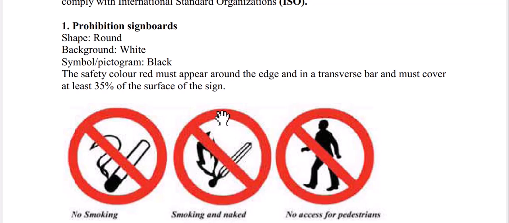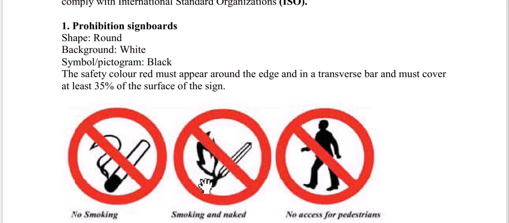And normally the restriction or prohibition signs have this line across the round, which says prohibition. It is like a stop.